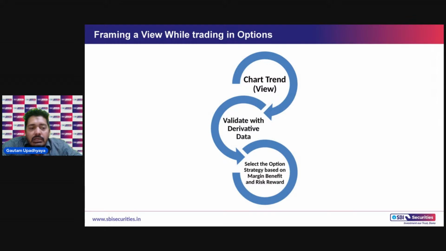And the last part is taking the actual position. आपको अगर derivatives में trade करना है, even though you have a bullish view, you have to come up with a strategy: that you are going to take a long only position, that is a direct naked call option, या फिर आप spread के तौर पे अपना position build up करोगे, या फिर एक put option sell करोगे. That is how, the third thing is also very important, the type of method to play out your view.